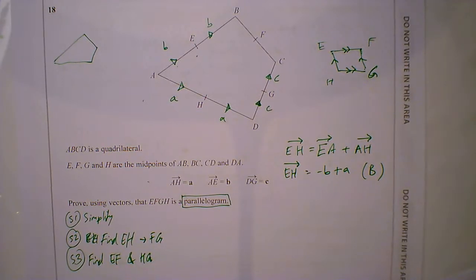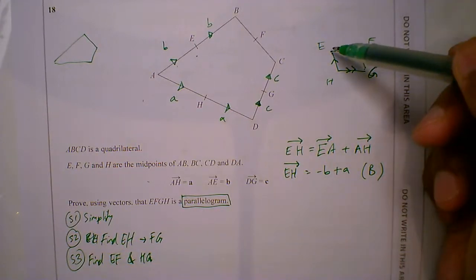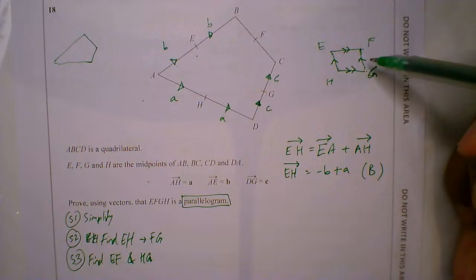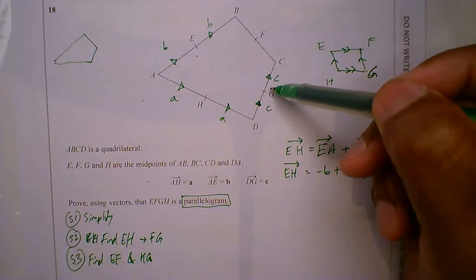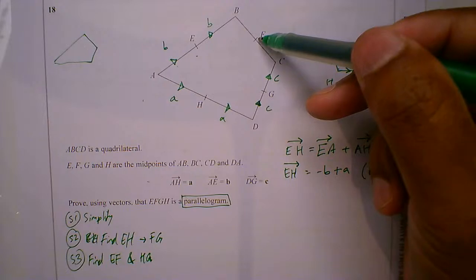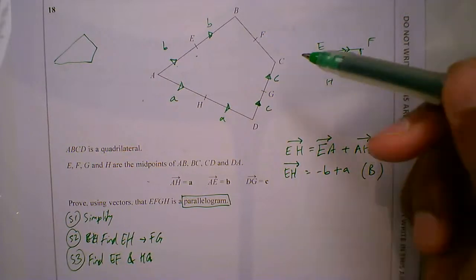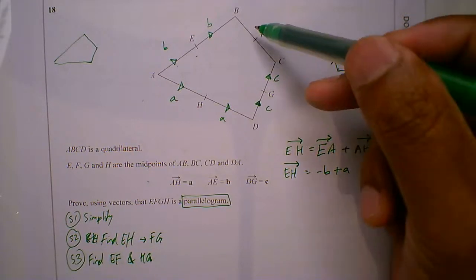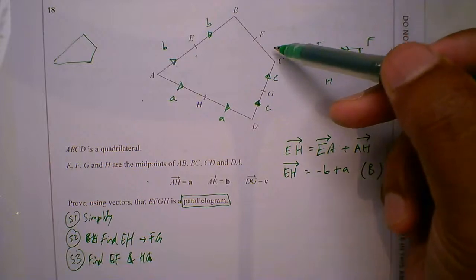If you want to gain the full marks, we now want to show that since it's a parallelogram, E to H must be the same as F to G. So let's look at F and G. To go from F to G, we have a slight problem: we don't have this distance.